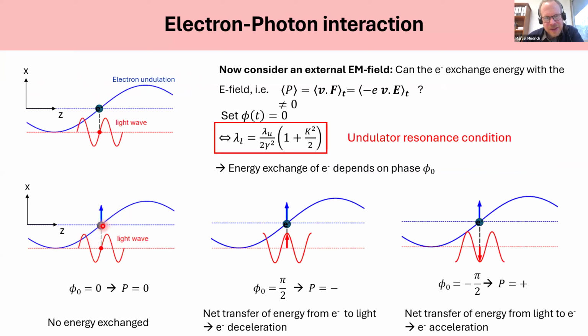But in one case, the electrons would lose energy and go back to the fixed point. In the other case, the electrons, when they drift towards negative phases, then they would be accelerated and be pushed back to the fixed point, right?